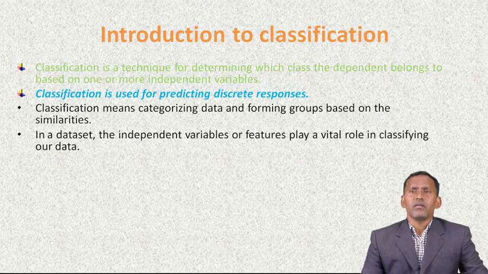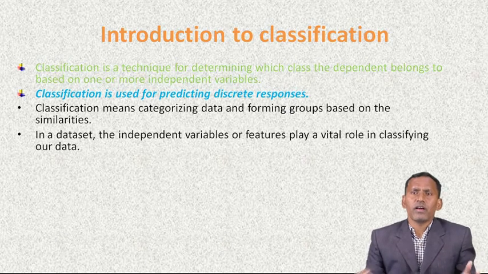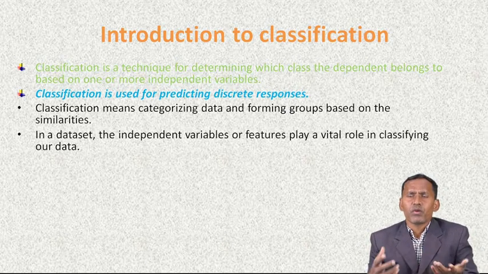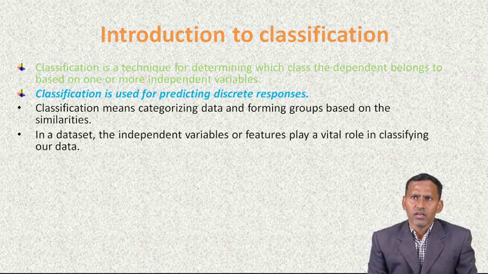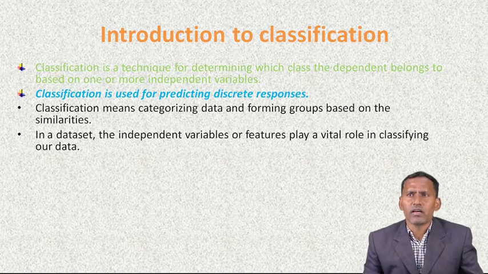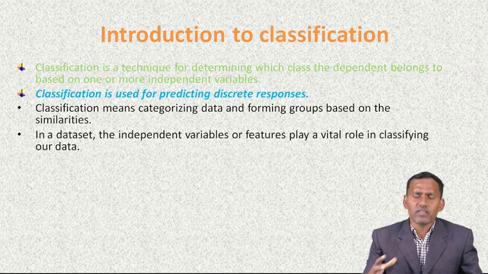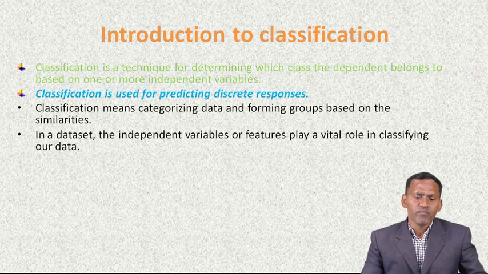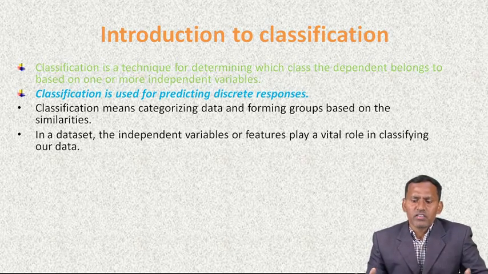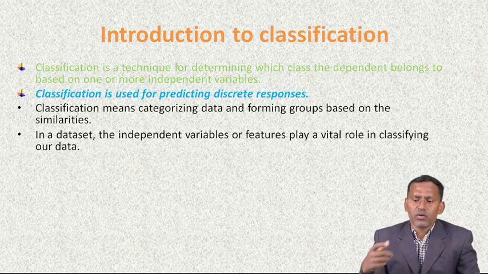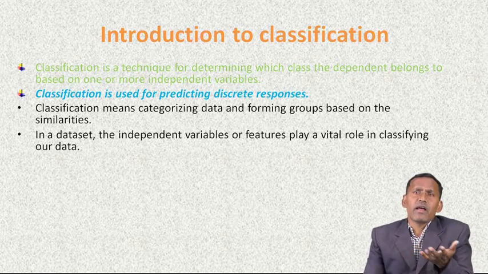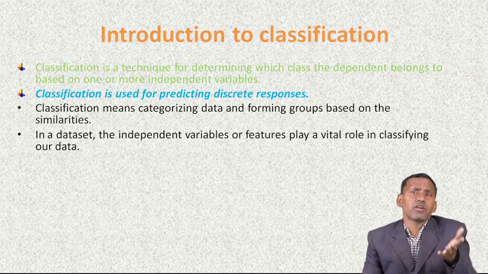Just now we have seen building the binary classification model. Now once again, I'll revise the classification technique here. Classification is a technique for determining which class the dependent variable belongs to, either of the classes.